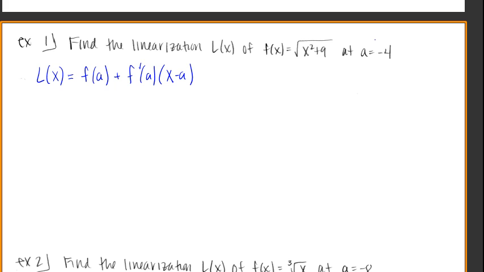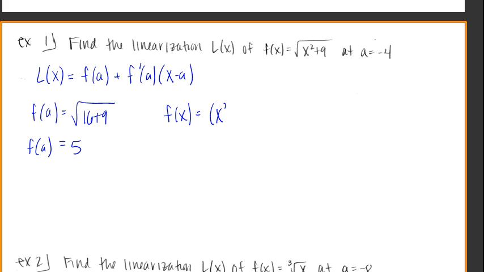First, let's find f of a. f of a is the square root of negative 4 squared, so 16 plus 9, which is 25, and the square root of 25 is 5. So f of a is 5. Now let's find the derivative. I know f of x is really x squared plus 9 to the 1/2 power.